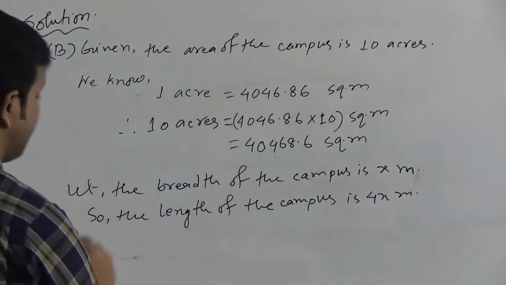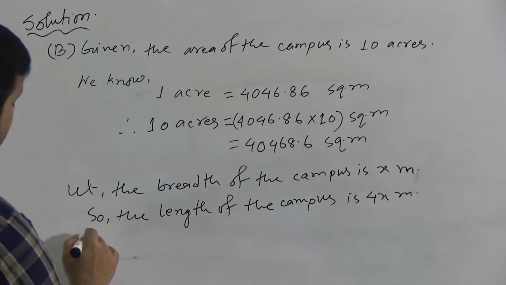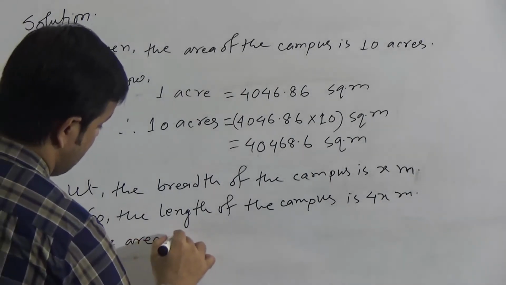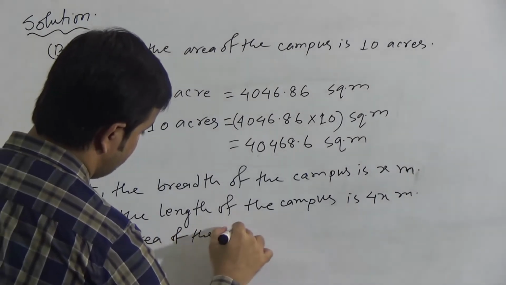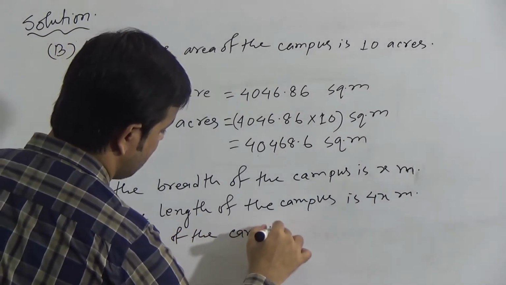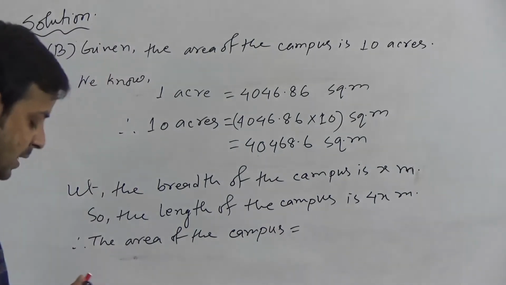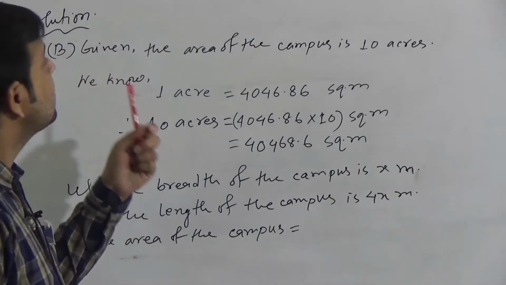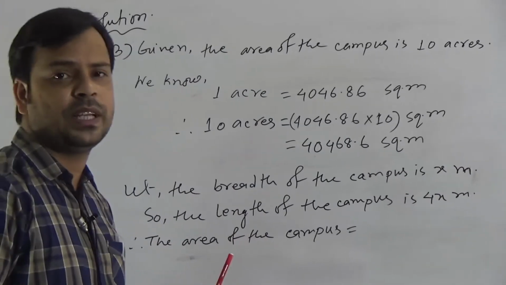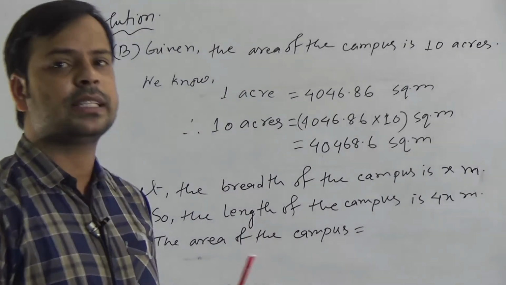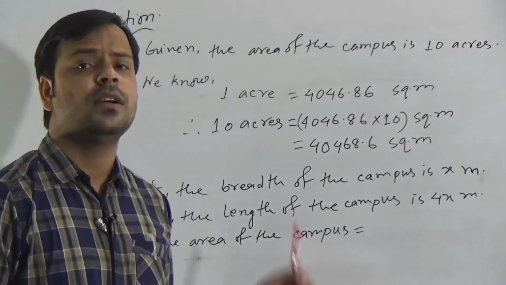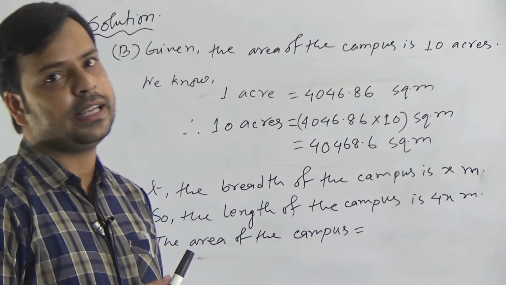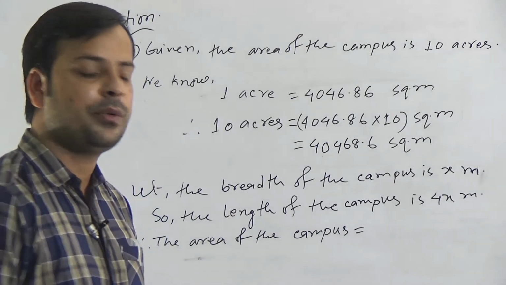So, we can find the area of the campus. Dear students, as the school campus is rectangular in shape, we have to use the formula for the area of a rectangle. The formula is area equal to length into breadth.